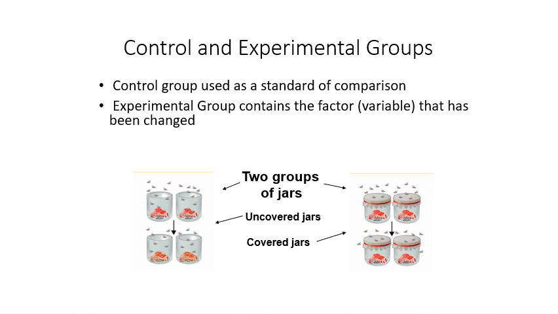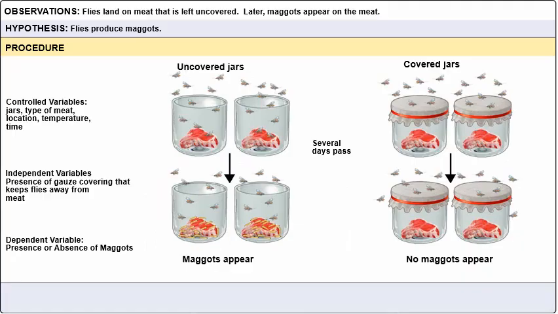So on the other side, he said, cool, we're going to put a piece of meat, the same type of meat, the same cut of meat, into the same size jar, in the same temperature, in the same place as the other group. Except this jar also had a lid over it. What that lid did was it stopped flies. So he has one group that's a standard of comparison, just like in the market, meat that's open to the air, and the other group has meat that's in a jar that flies can't get to.